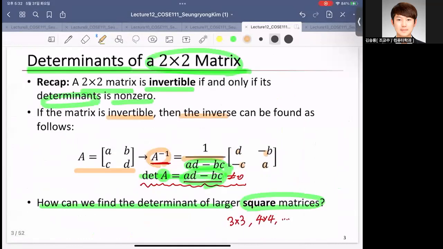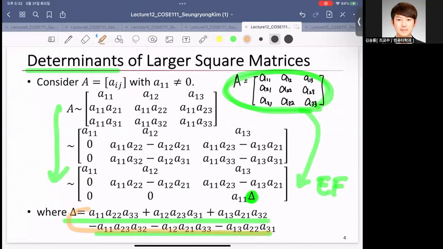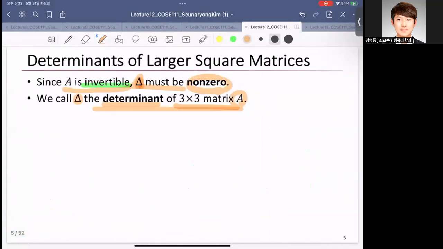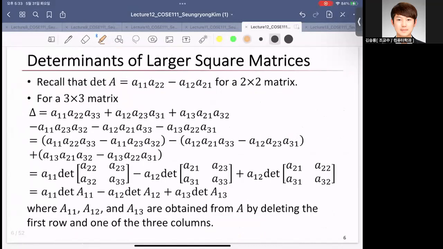So first of all, for the 2 by 2 case our determinant is going to be ad minus bc, and the 3 by 3 case is this complicated equation in terms of A11, A22, A33 and so on, as the definition of the determinant for the 3 by 3 case. Similarly, we can define larger scale matrices.